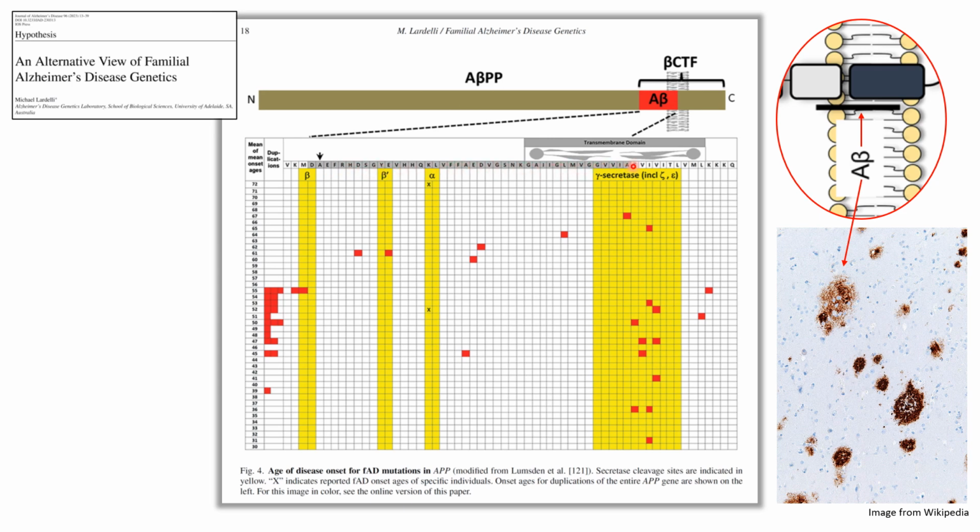It tends to be 40 to 42 amino acid residues long. The red dots indicate the position of particular mutations, and you could say how serious they are, because the earlier they tend to cause the disease can be regarded as a measure of the seriousness or severity of the mutation.